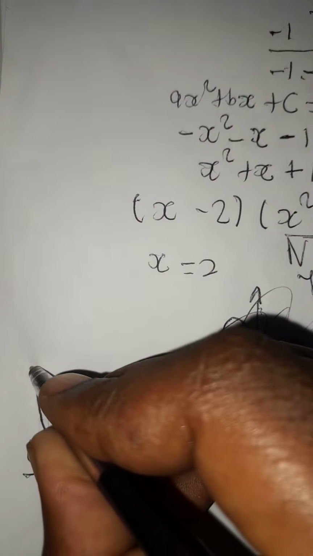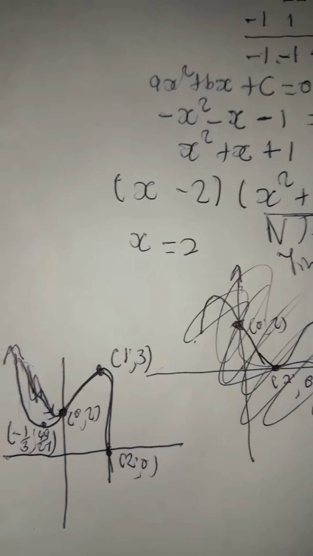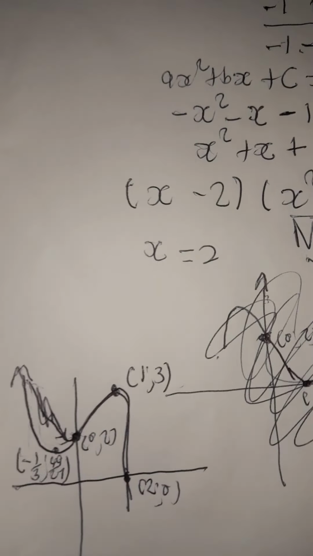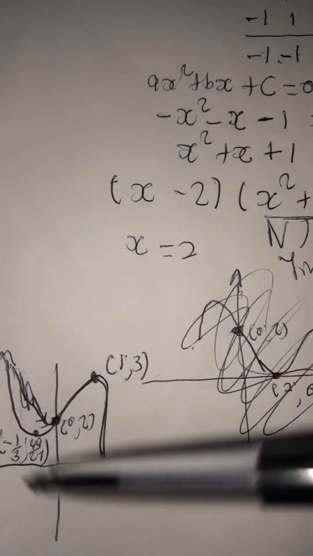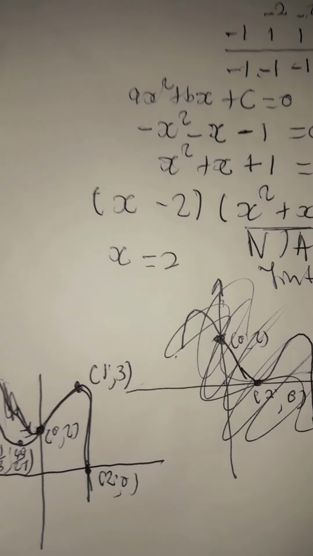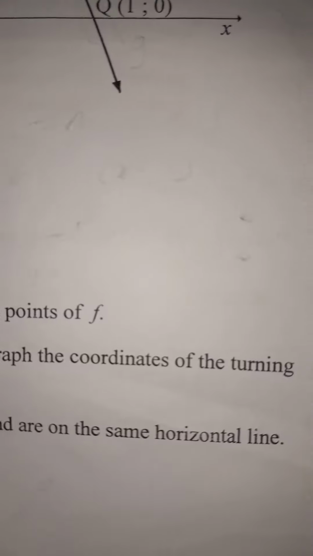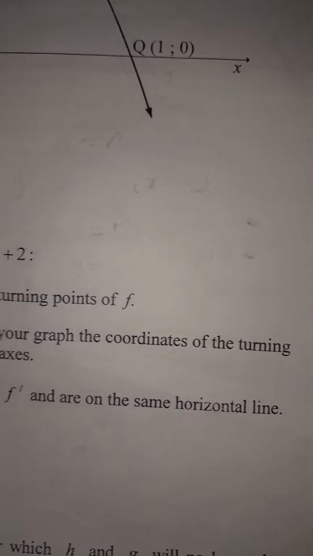So definitely this will be the sketch. Yes, mine is messy, but you'll use a ruler to draw it. So this is how the sketch should be. Another thing, how many marks is that? That was 5 marks.